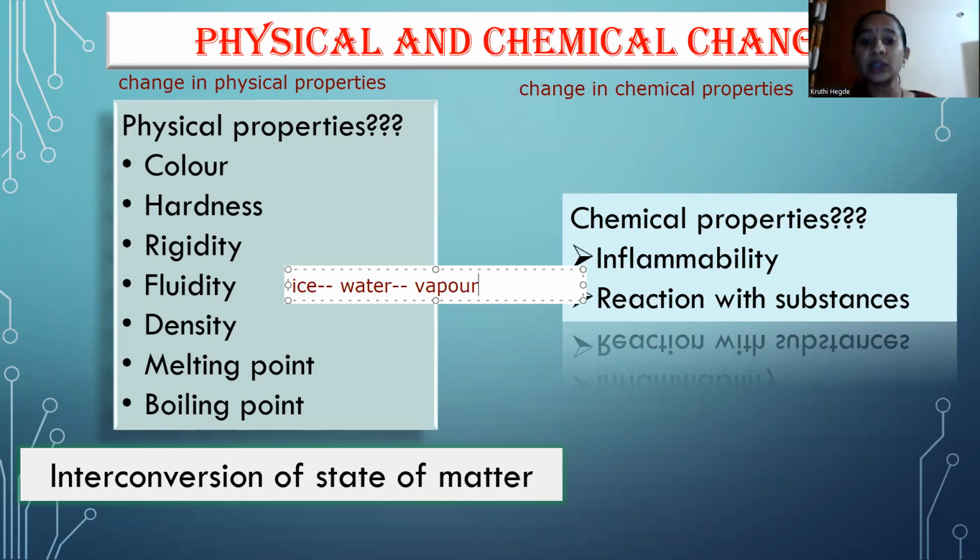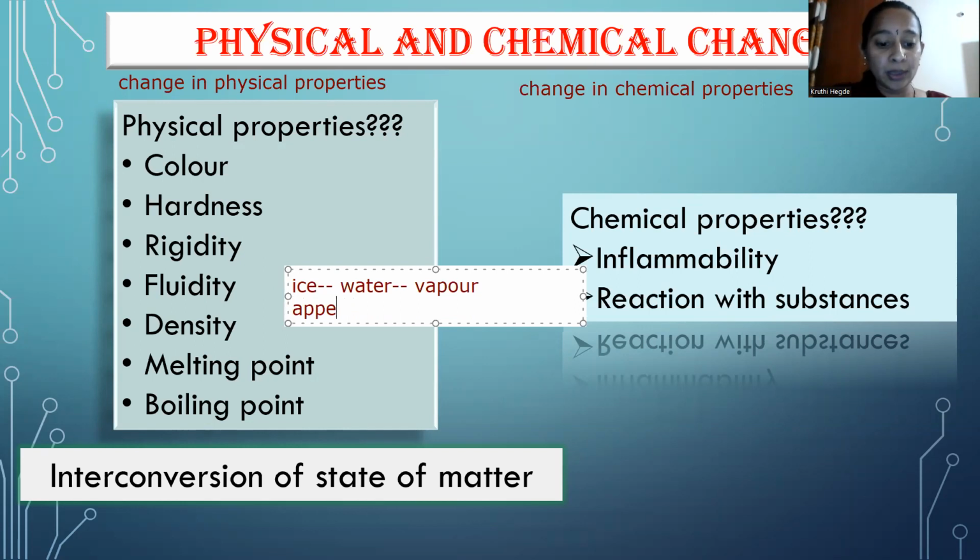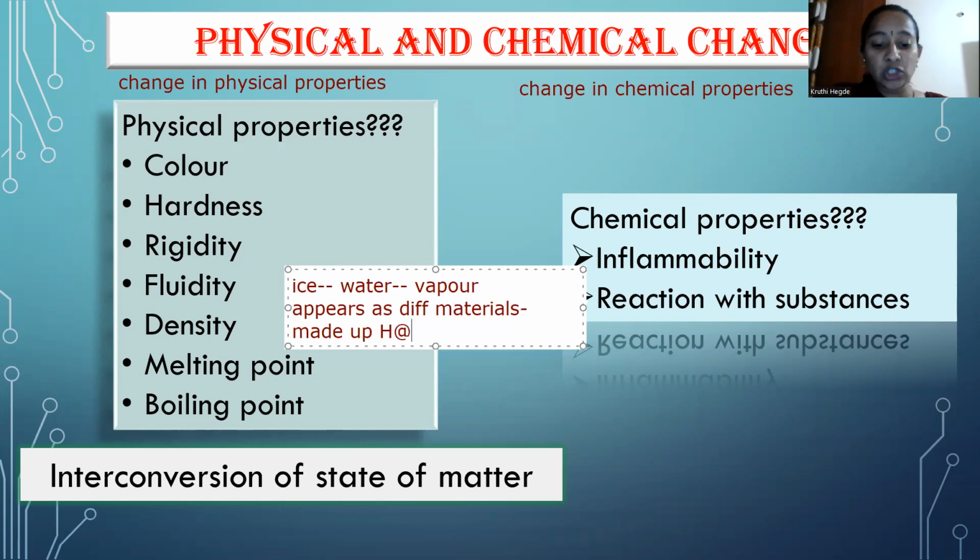Though all these three appear as different materials, in reality all of them are made up of H2O only. All of them have water in them and their chemical properties remain the same. Only physically they are either solid, liquid or gas. So interconversion of states of matter is always a physical change.